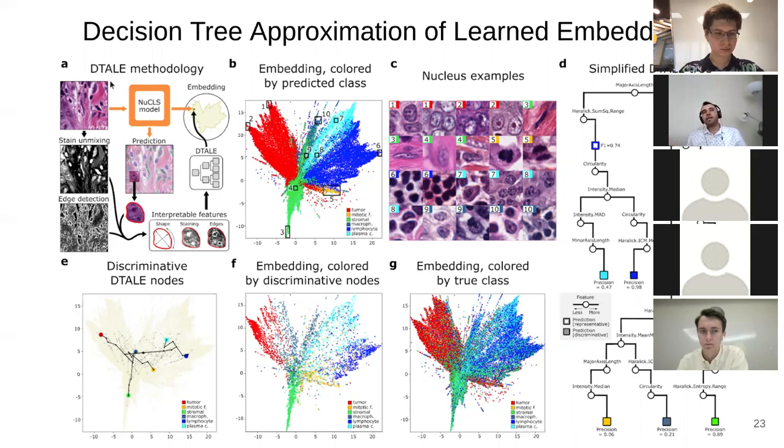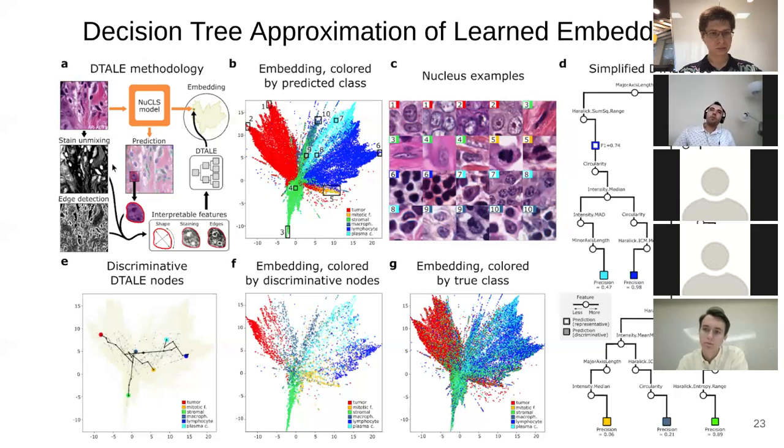Another thing that we did is we wanted our models to be able to not only find these individual nuclei, but to even explain why it thinks this individual nucleus is tumor, this individual nucleus is fibroblast, like why this one is assigned the red color, why this one is assigned the green, and so on.